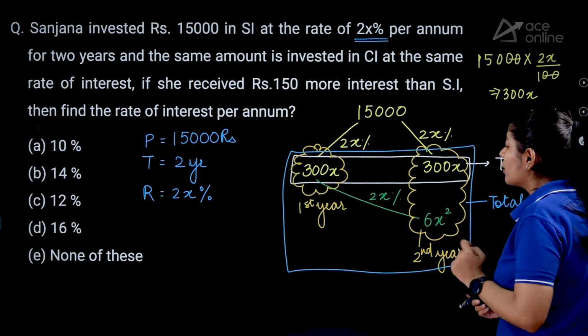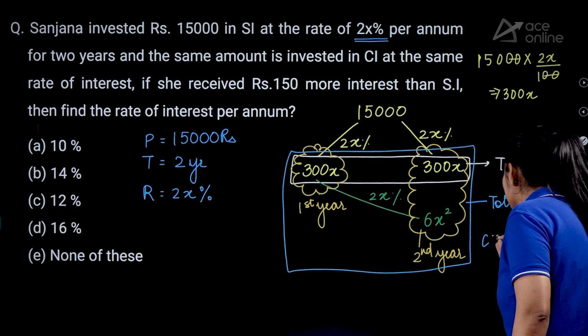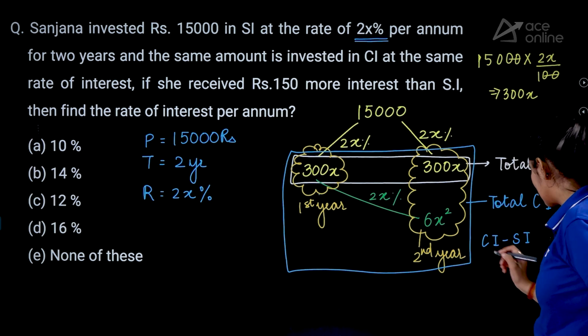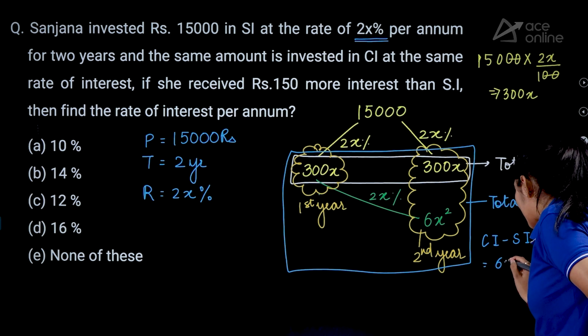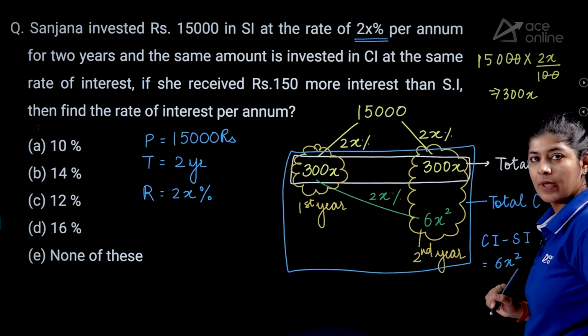Okay. So if we talk about the difference between CI and SI in this particular case, it is equal to 6x square, right?